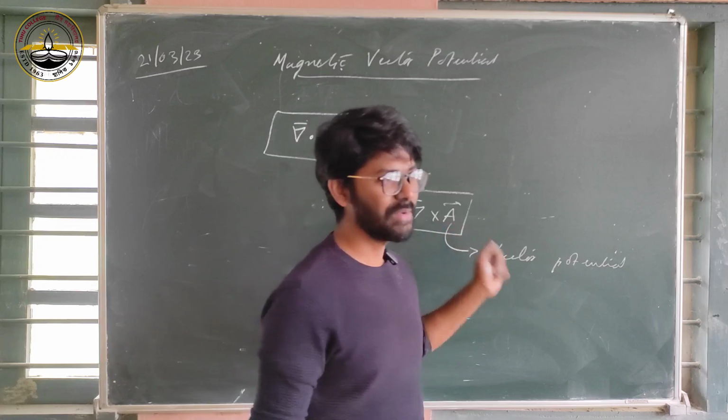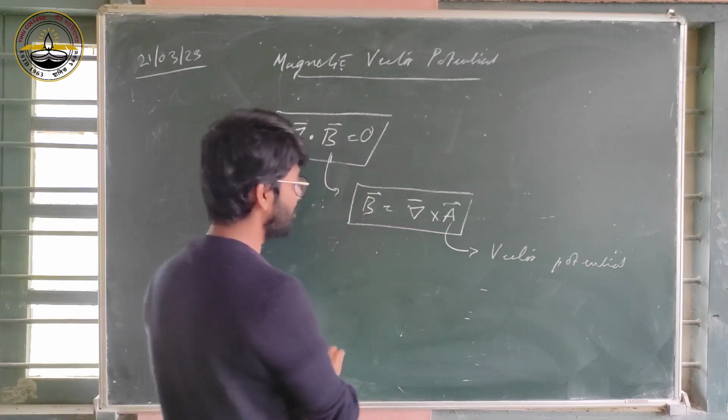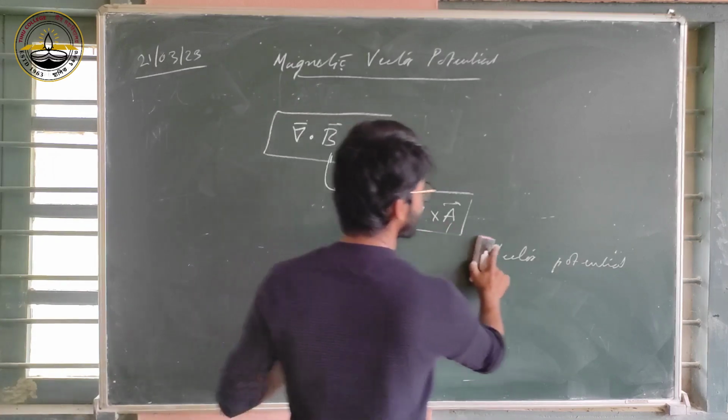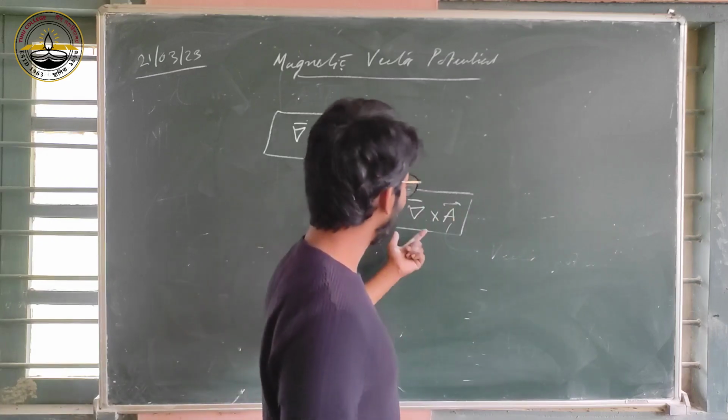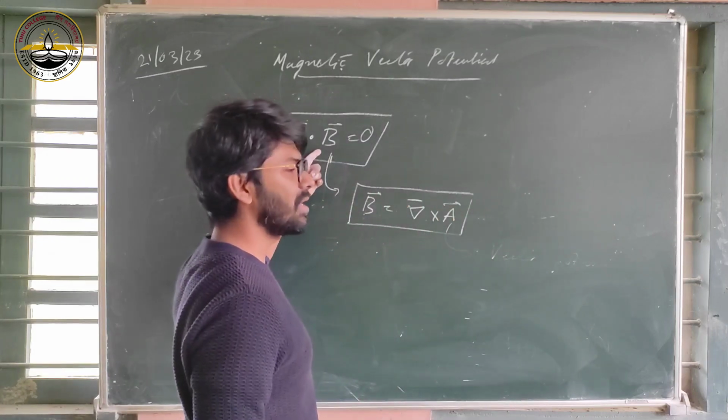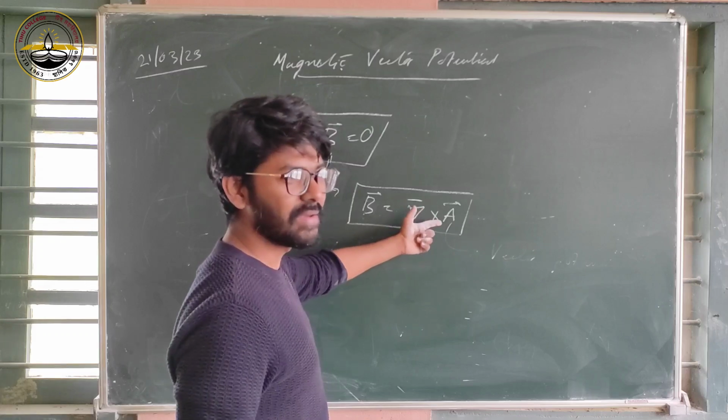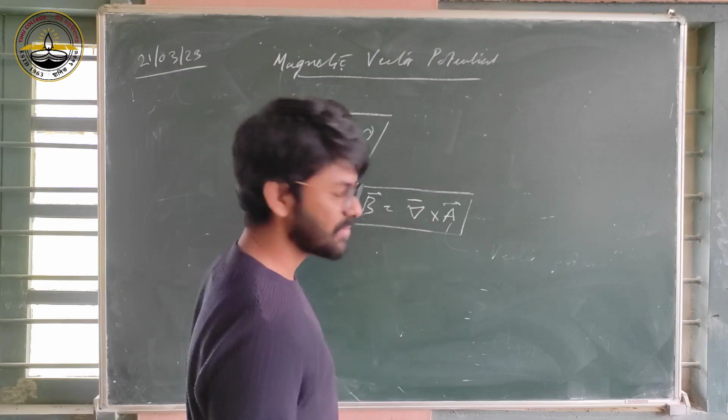Okay. Much later we will come to why this is so important. But for now it seems unnecessary. Why introduce another vector like this? We could just calculate magnetic field.